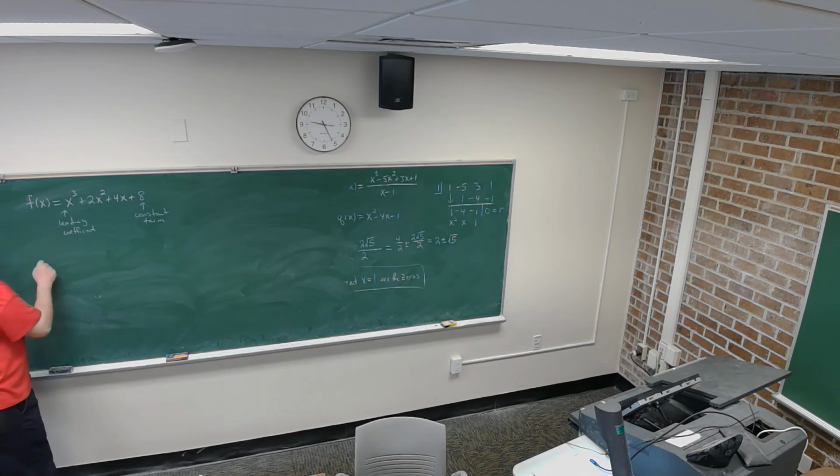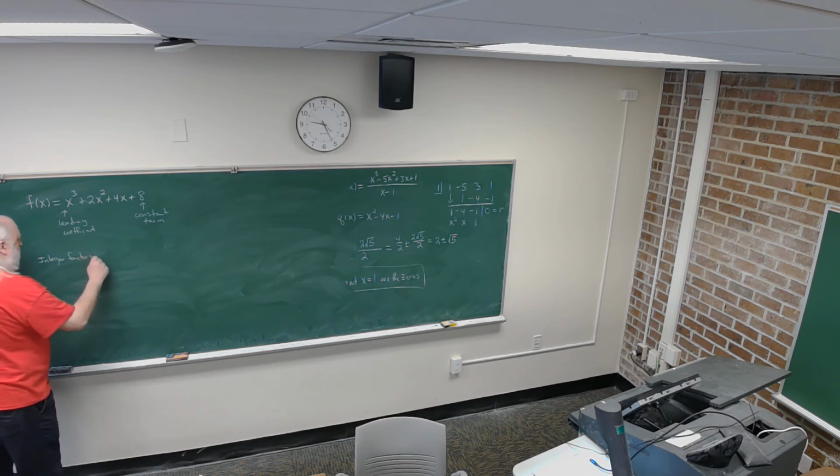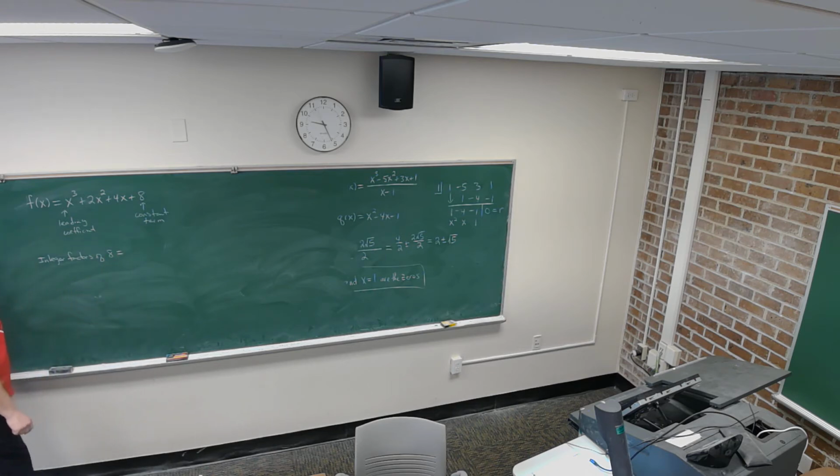So the integer factors of the constant term 8, okay? Well, 1 times 8 is 8, and 2 times 4 is 8, right?